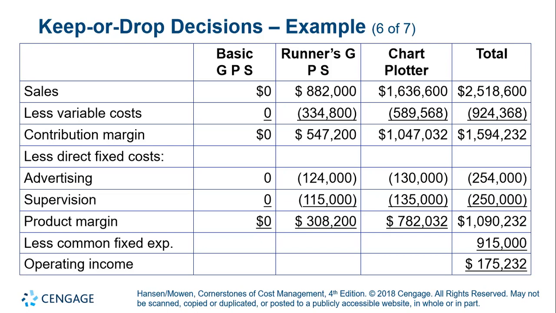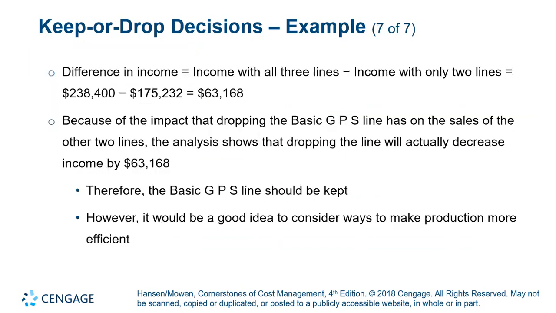The revenue was reduced if you are going to stop the production of the basic GPS. Now we have the operating income of 175,200. However, you have 915,000 for your basic. So we have the difference of 175,232. That's your operating income if you will drop the basic GPS.